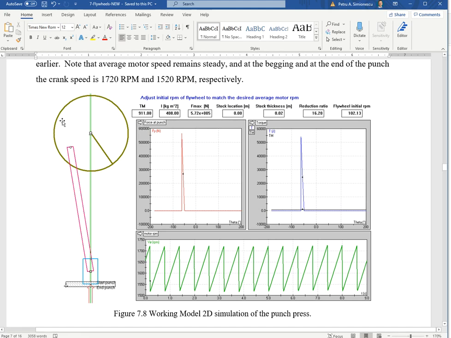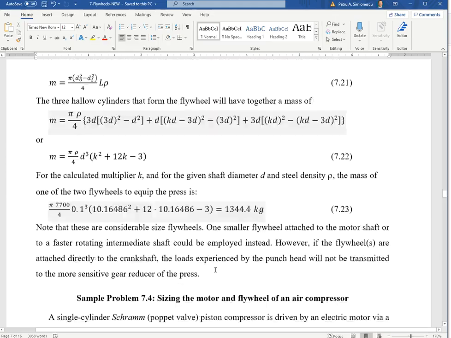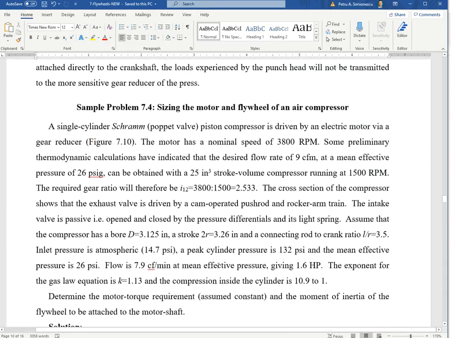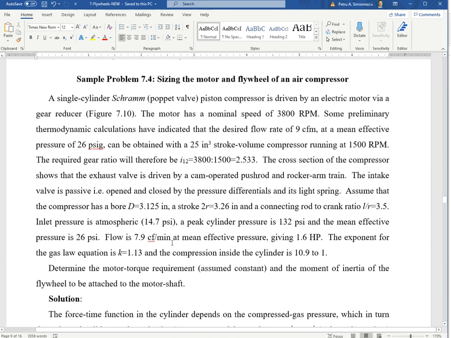If instead the flywheel is mounted on a motor shaft or an intermediate shaft that's rotating faster, then it will end up being smaller, and we'll look at the equations for that equivalence. Another example with a poppet valve Schramm compressor.